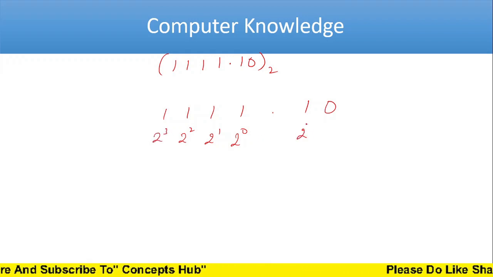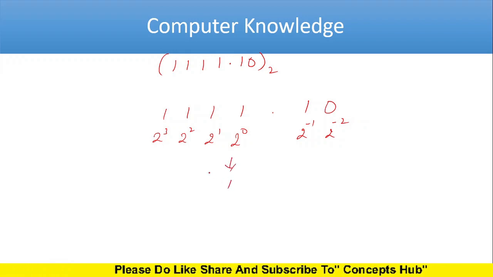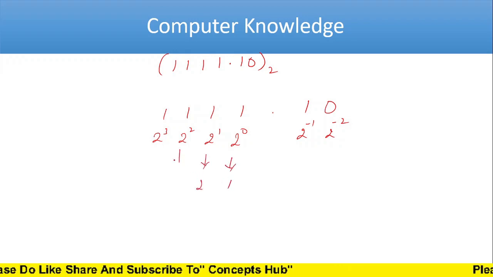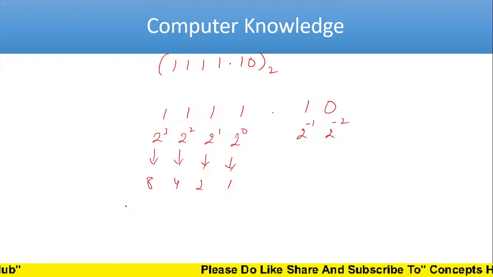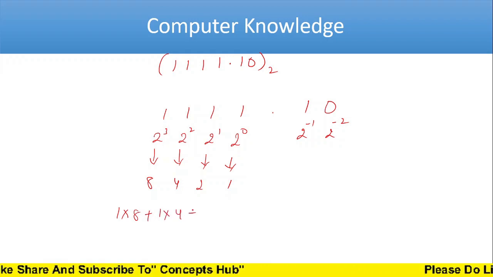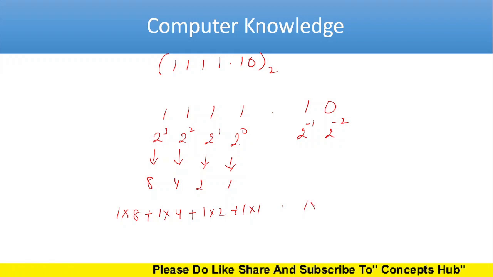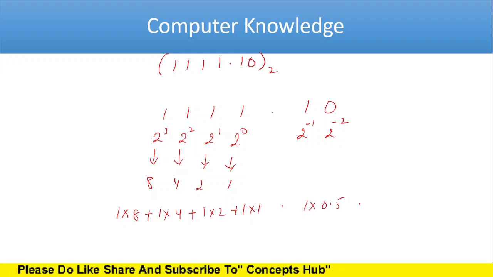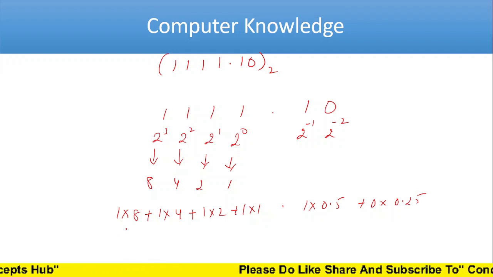From here, 2 to the power -1, 2 to the power -2. So 1, this is 2, 4, this is 8. We'll multiply with the respective numbers: 1 into 8 plus 1 into 4 plus 1 into 2 plus 1 into 1 plus 1 into 0.5 plus 0 into 0.25.